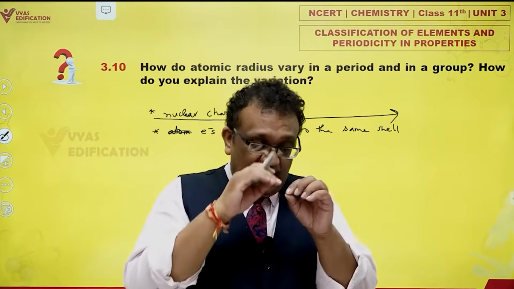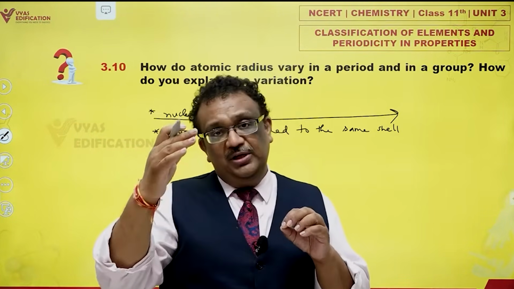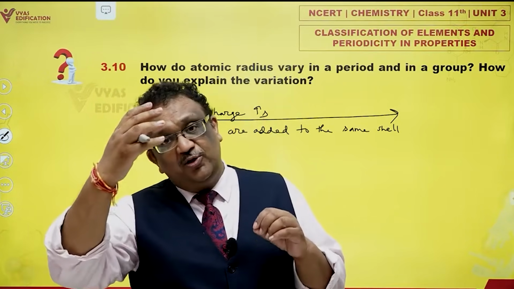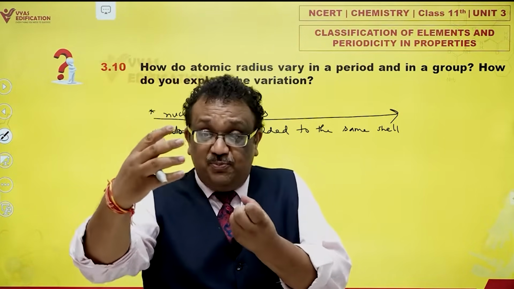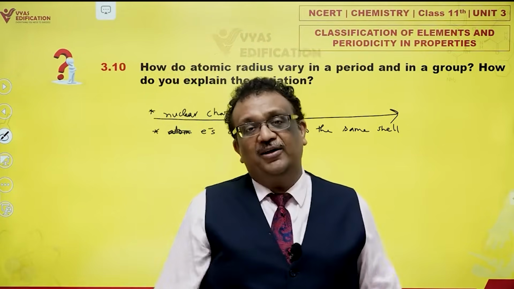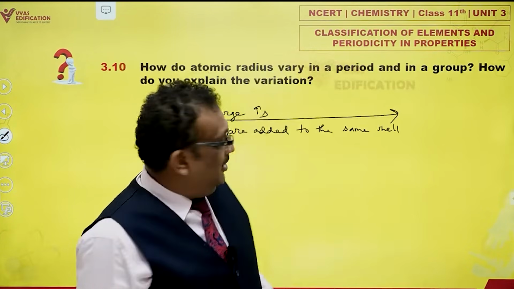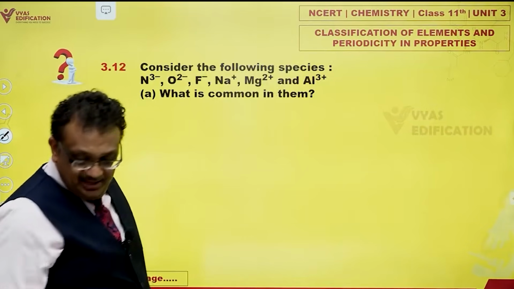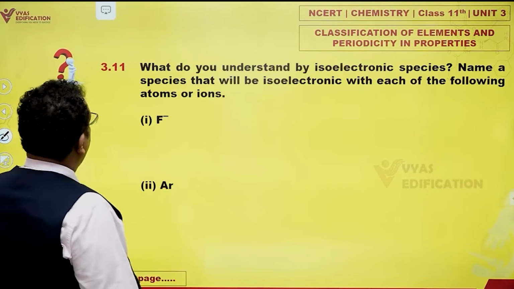A shell represents the distance from nucleus. Now, if electrons are being added to the same shell, and the same shell is being attracted more strongly, very naturally, if you attract it more, the atom would become smaller. So we say that atomic radius goes on decreasing.